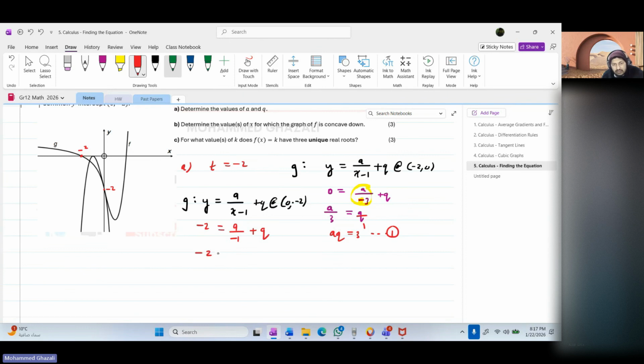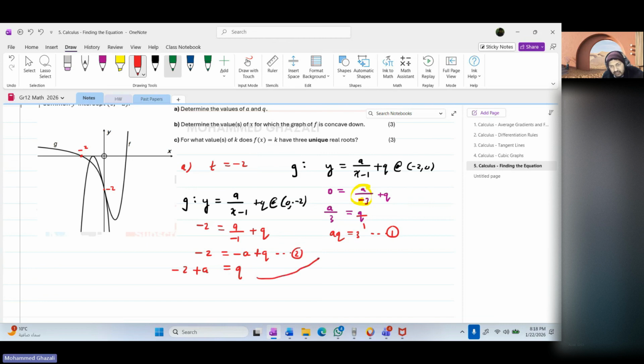And this is easy because -2 is equal to -a plus q. It's supposed to be plus q. So what's the value of q here now? The value of q is -2 plus a. So this is equation 2.